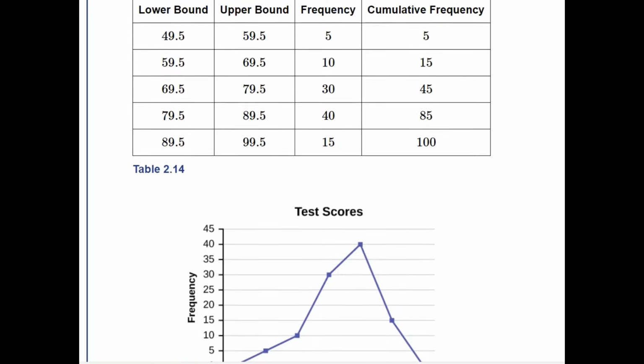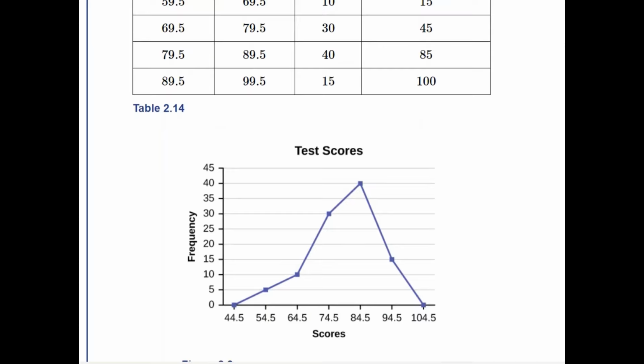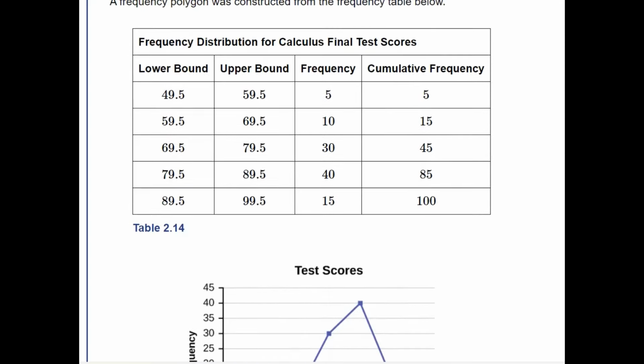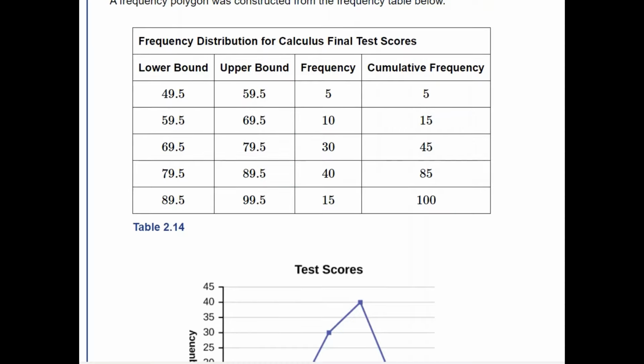Here we are taking the frequency along the y-axis. And so we see that 44.5 was our assumed point corresponding to the 0 on the vertical axis, and 54.5, the second point, the second real value point, has the value 5 from the frequency column.